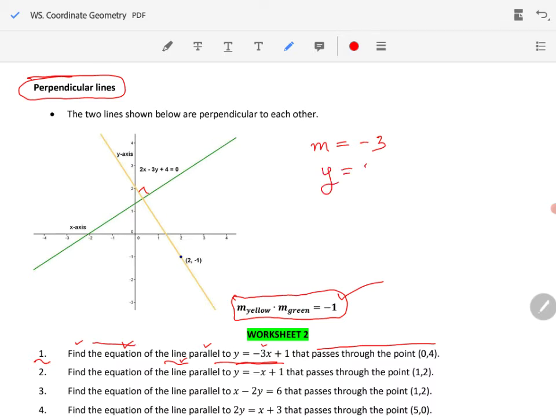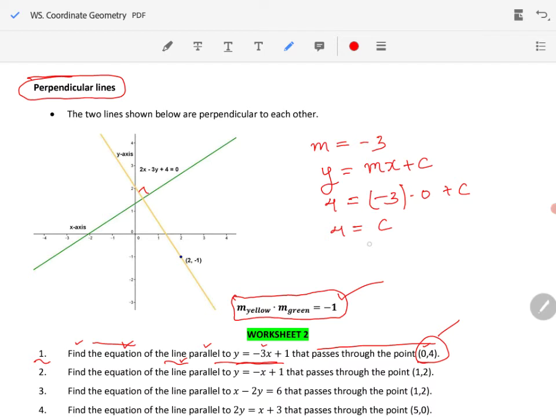Remember, we have y equals mx plus c. And then, what is y? Look at this, y is 4. And what is m? m is -3. What is x? x is 0, plus c. So I will have c equal to 4.